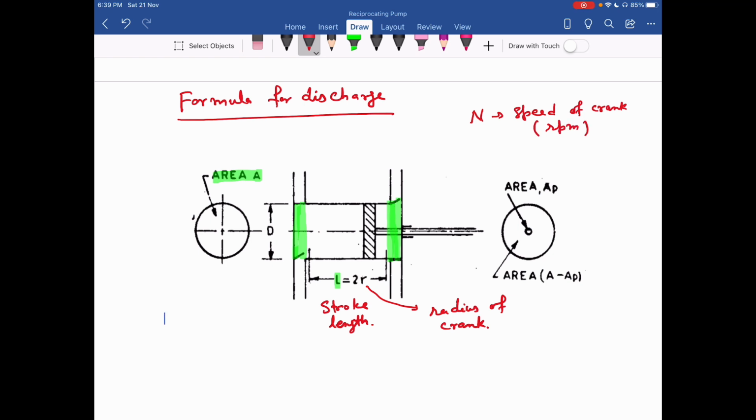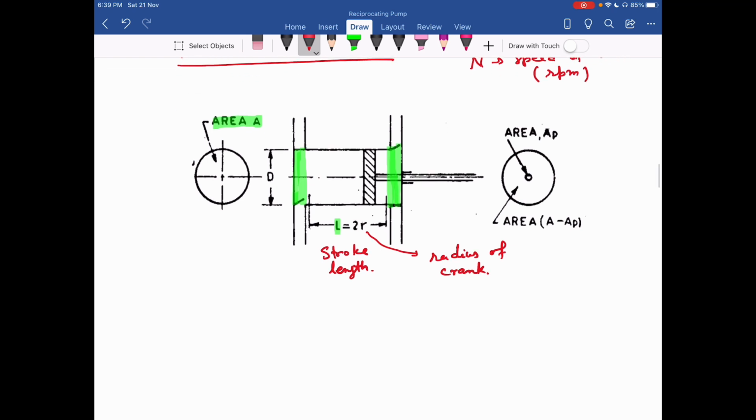So now I can write the formula for discharge. That is my Q theoretical, the theoretical discharge, which I can write as ALN divided by 60. So the discharge through the pump per second is equal to the area into the stroke length into the RPM divided by 60.